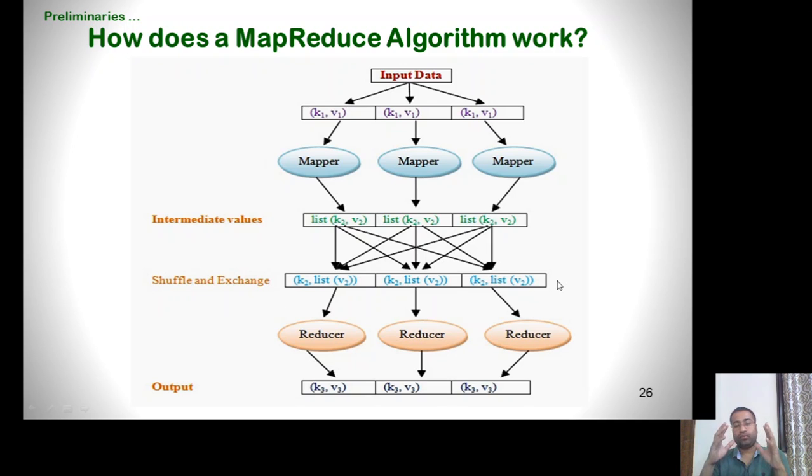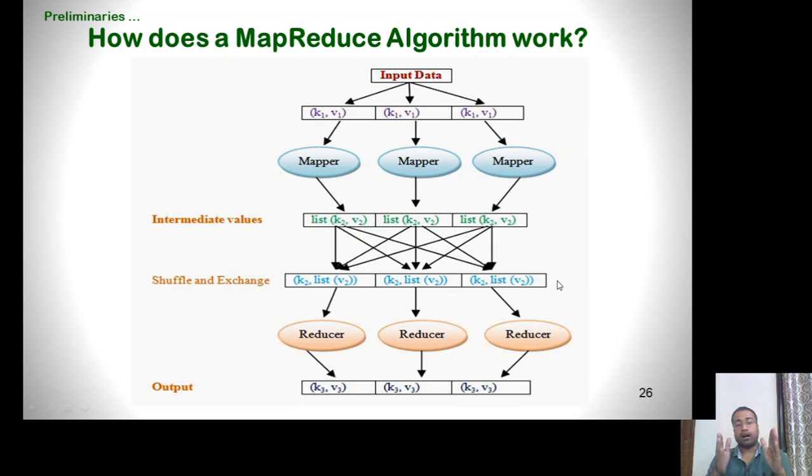Why do we make shuffle and exchange? So that all the key value pairs with the same key can go to the same reducer. If we want to make some reduction operation, then all the values for the same key must be on the same reducer. If some key value pairs for the same key are on one reducer and some on another reducer, then you cannot add or make any kind of operation on them.